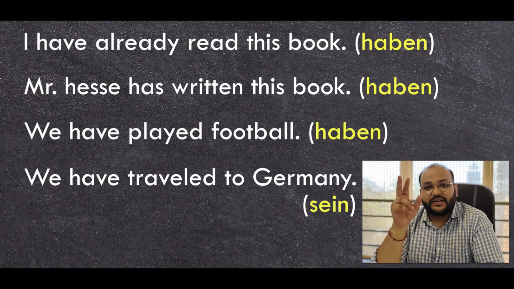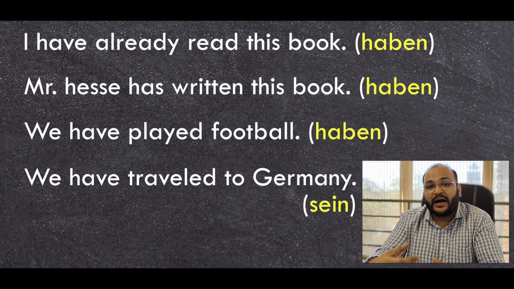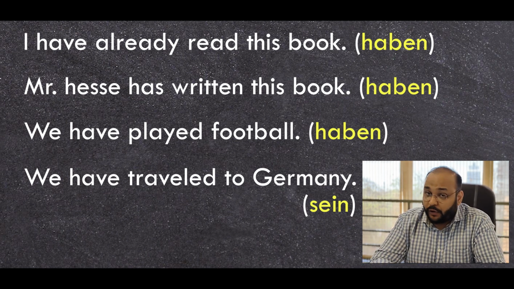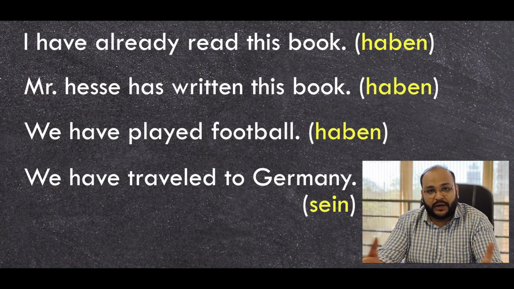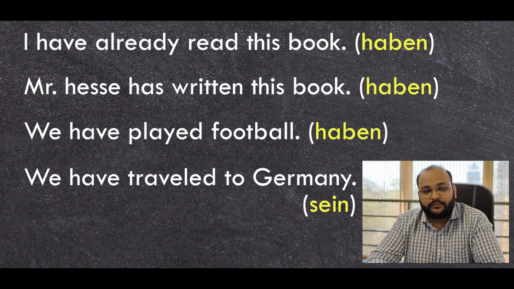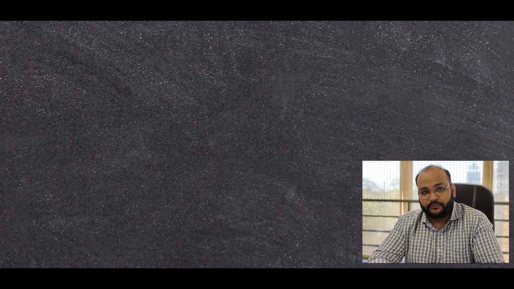So that brings us to the second question, the second unknown in the structure: how to make the past participle form of any verb. We already know that verbs are generally of two types, regular verbs and irregular verbs. If the verb is a regular verb, then the standard way to make the past participle is simple.